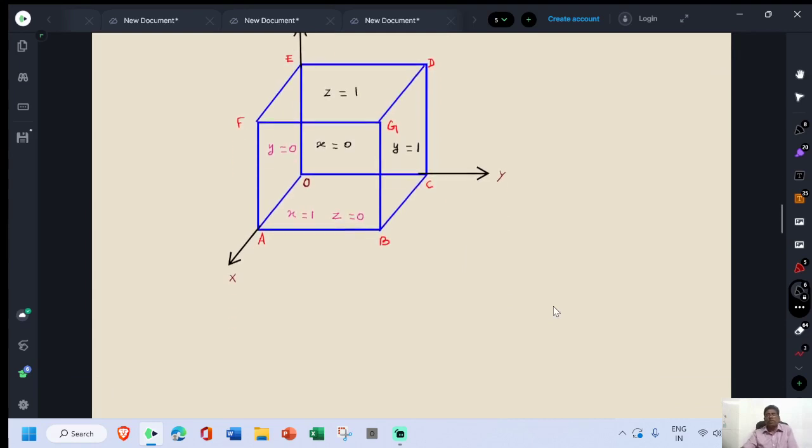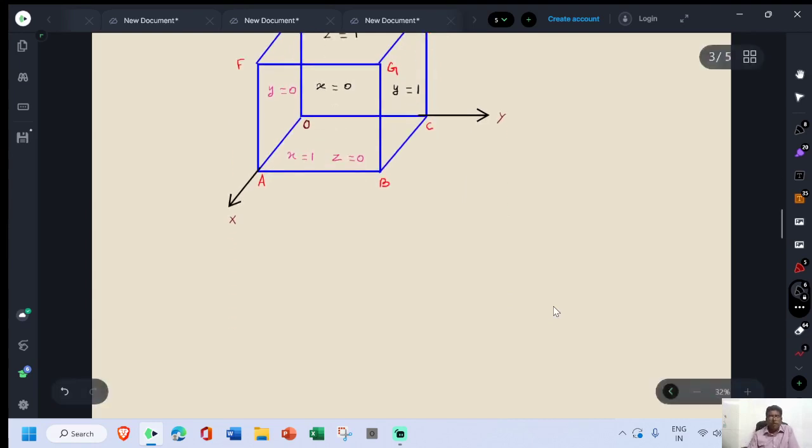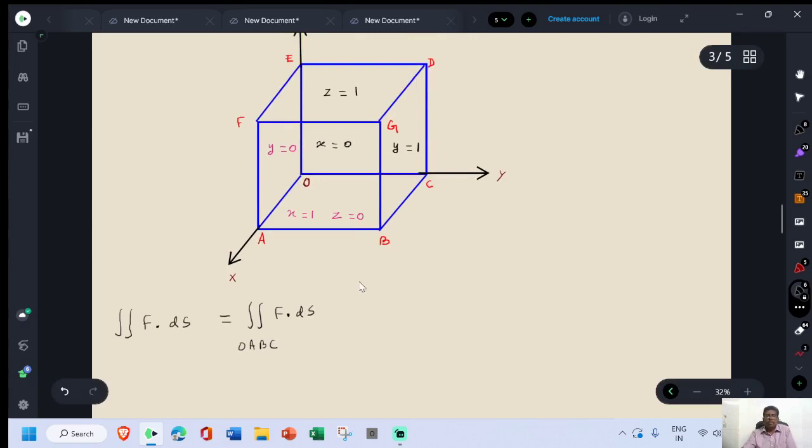You should find out the value of double integral of F dot ds, which is equal to double integral of F dot ds for the first face OABC. This is the first face. In this face, just we will apply the conditions next.